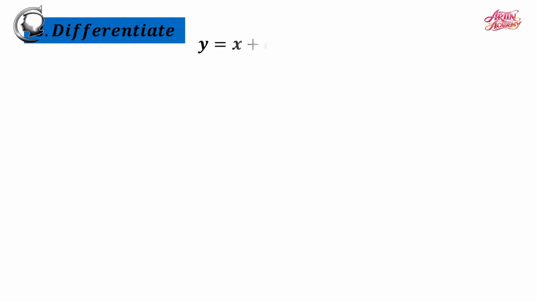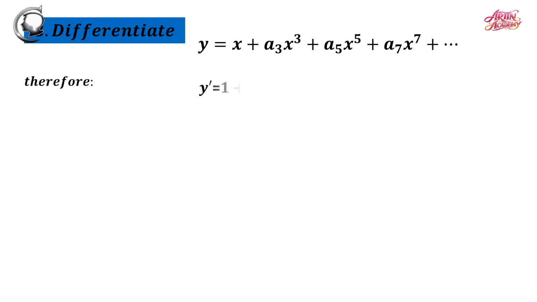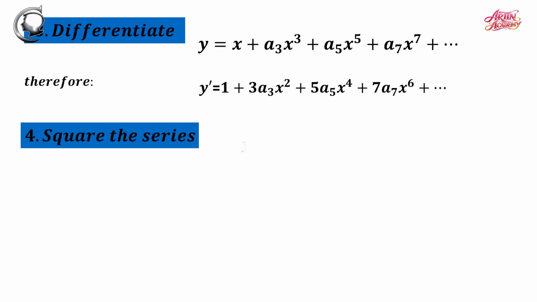Differentiate the series. Now differentiate this series term by term. y prime equals 1 plus 3a sub 3 x squared plus 5a sub 5 x to the 4th plus 7a sub 7 x to the 6th plus 9a sub 9 x to the 8th plus 11a sub 11 x to the 10th plus 13a sub 13 x to the 12th.